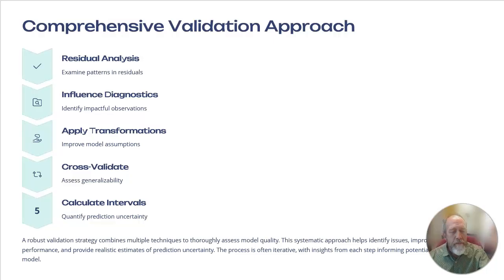You've also got the ability to look at cross-validation: one set for the development of the model, one set for testing it, looking at those different models and picking out the best one. And the last one is calculating the prediction uncertainty with those intervals, basically your prediction intervals.